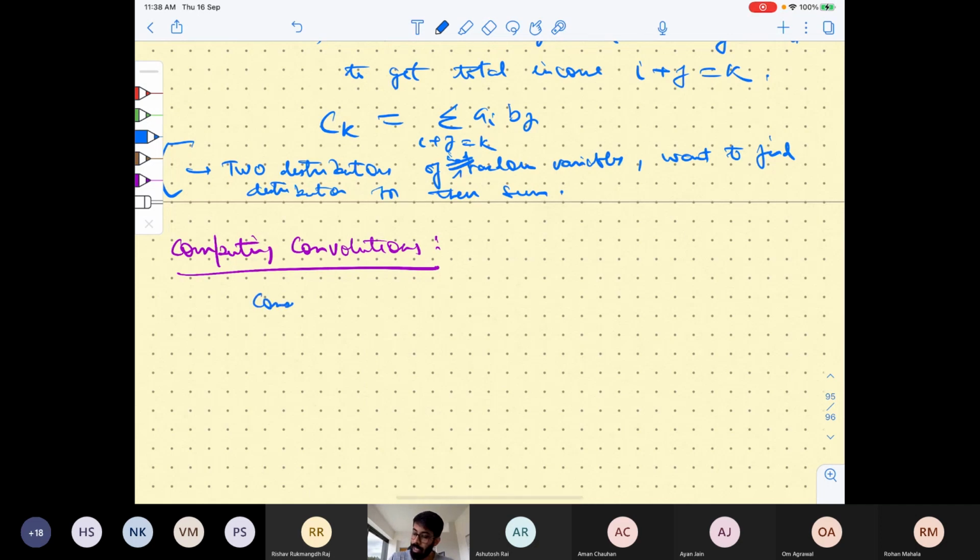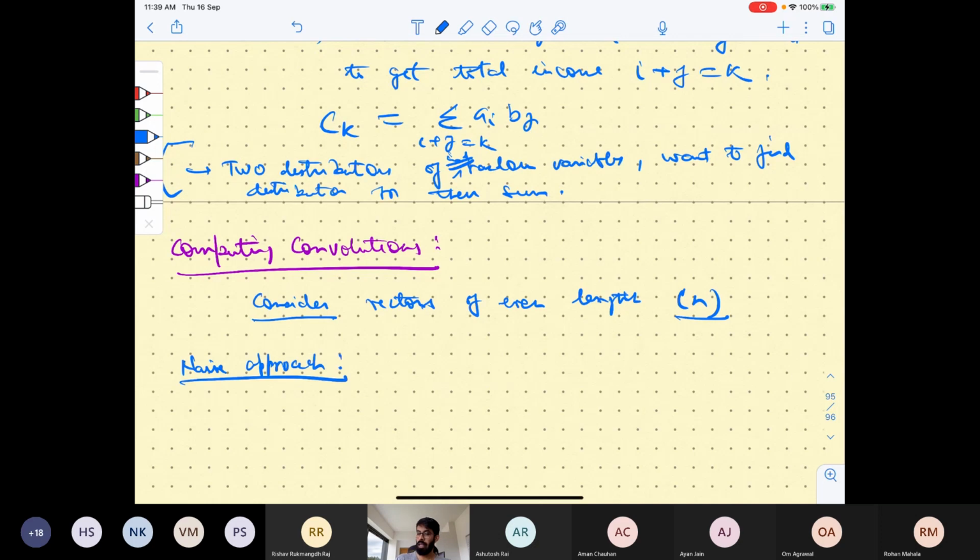So we'll consider vectors of equal length, just for convenience, but whatever we'll do can translate to unequal lengths also. Okay, good. So what is going to be a naive approach? Calculate all the pairwise products.